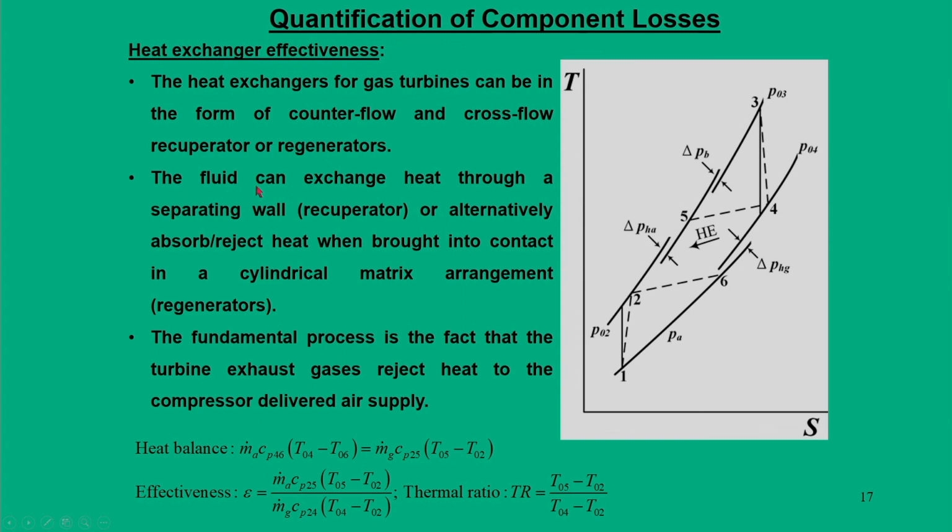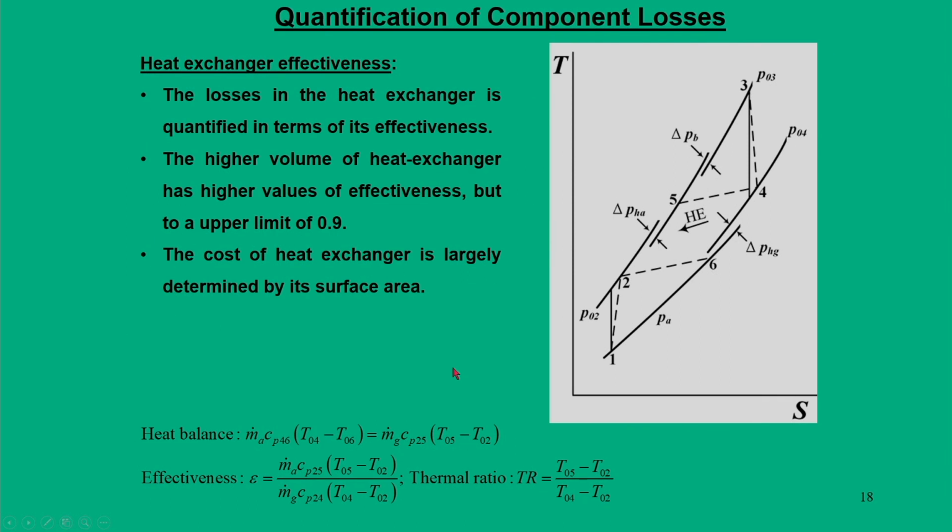Because the fluids exchange heat through a separating wall, and heat exchangers are typically of counter flow or cross flow type, recuperator or regenerator. The main fundamental process is that they have to tap the heat from the turbine exhaust, and, incorporating all the pressure losses, they must perform in an economic way.